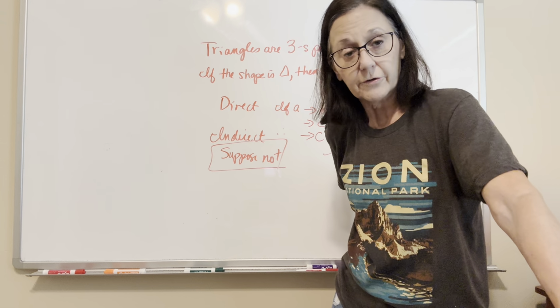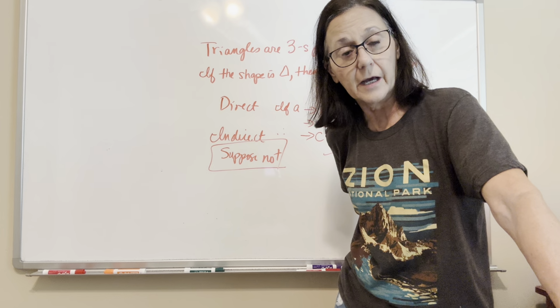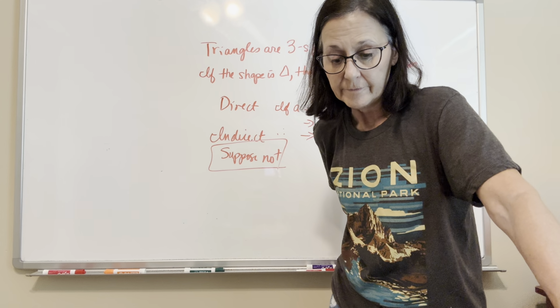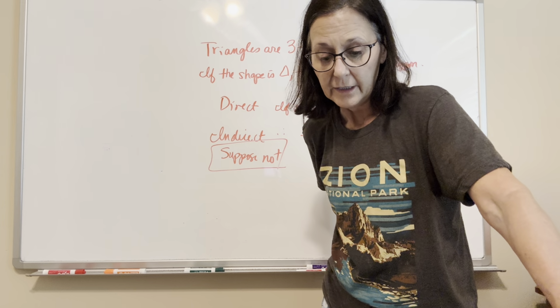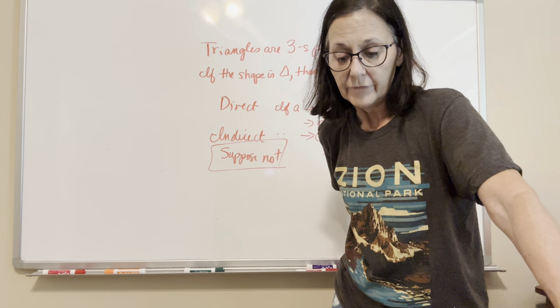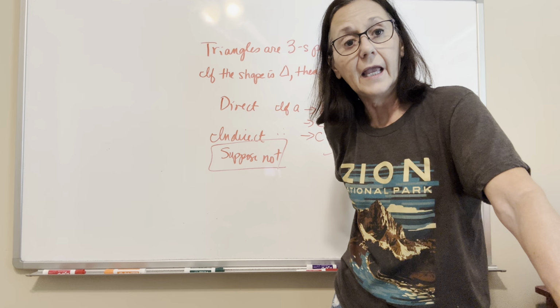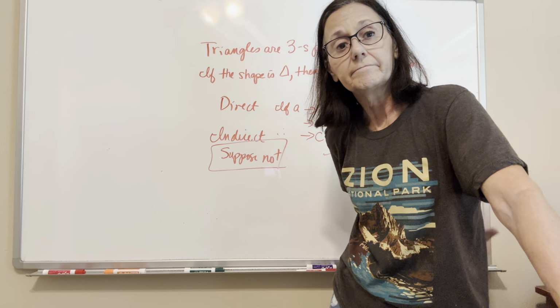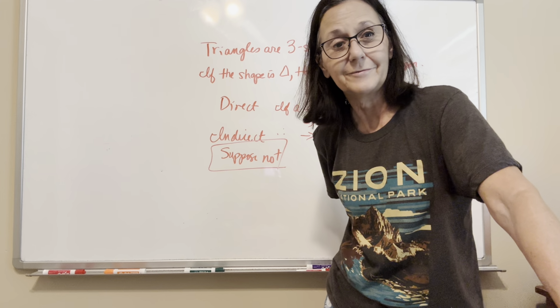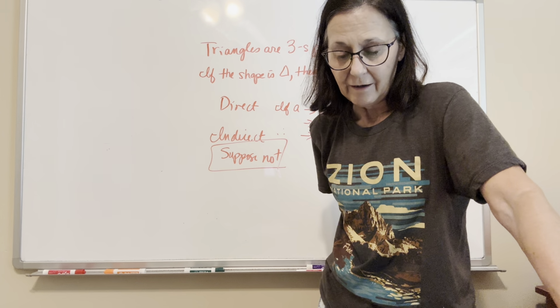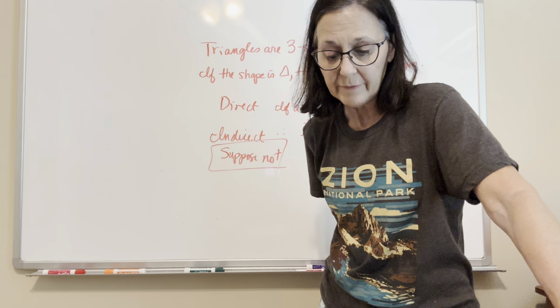You've also got to know the triangle sum theorem. You've got to know that the sum of the angles in a triangle is 180, and how to calculate the area and the perimeter, circumference of a circle. It is the perimeter. So you've got to be able to do that.